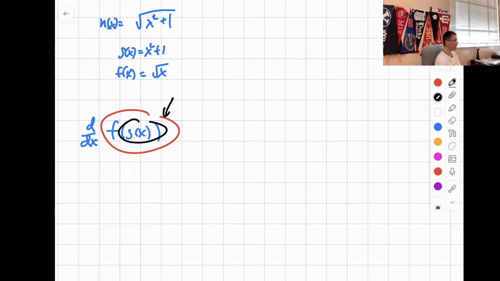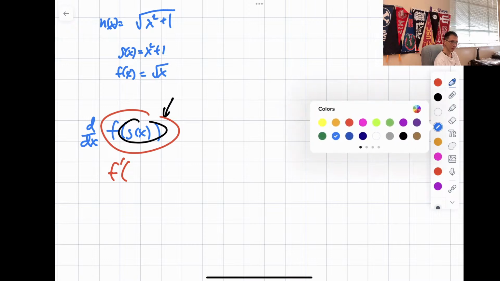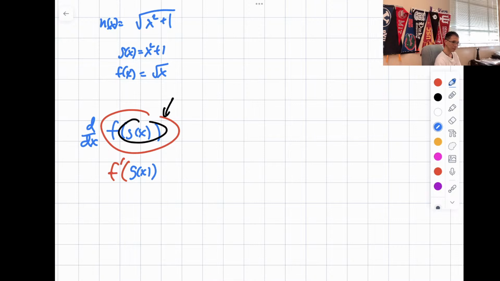First of all, there's the outer layer, right? So it's going to be f prime of the inside still intact. The inside still intact is going to be g of x here. It's still intact here. And times g prime of x.